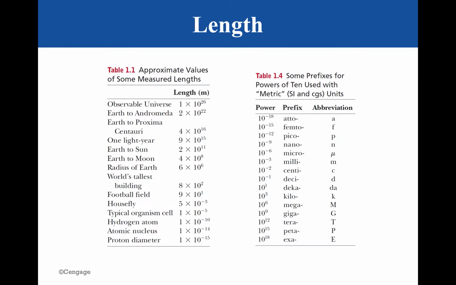Okay? Just for perspective, there are three basic types of quantities we're going to start with, and those are length, mass, and time. Length, our fundamental SI unit, is going to be meters, and it gives you a sense of the size of each of these different quantities.